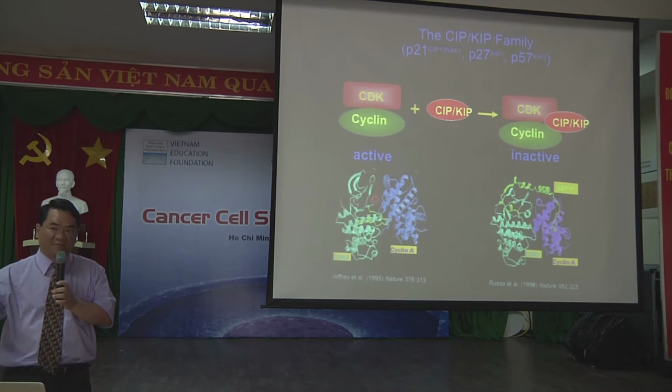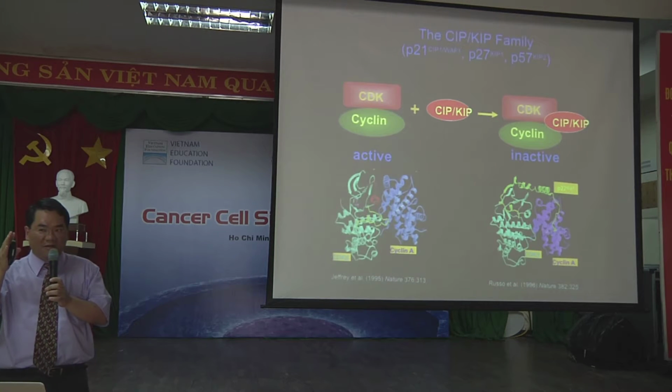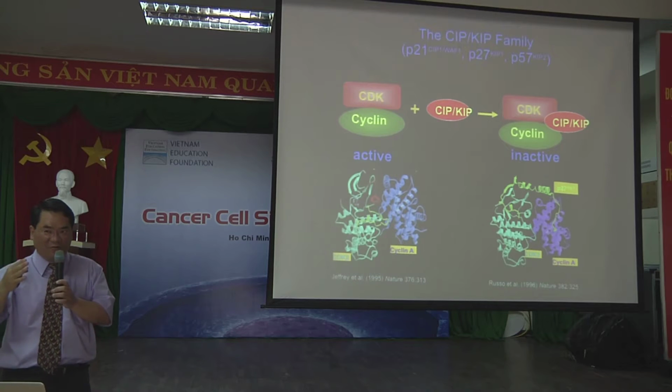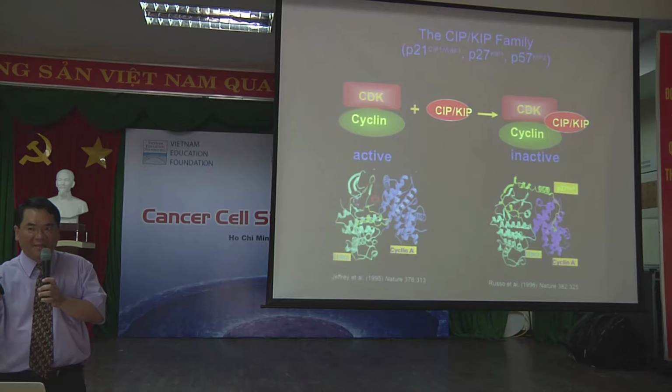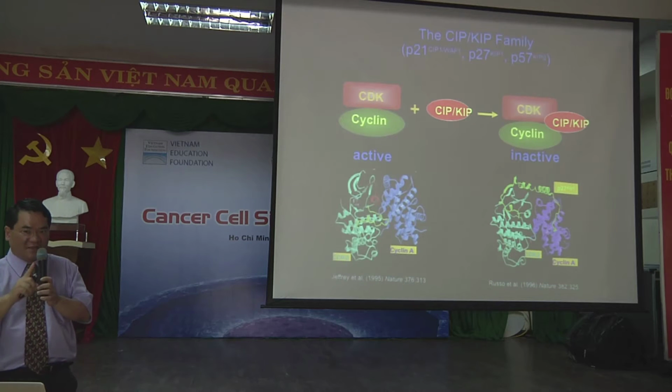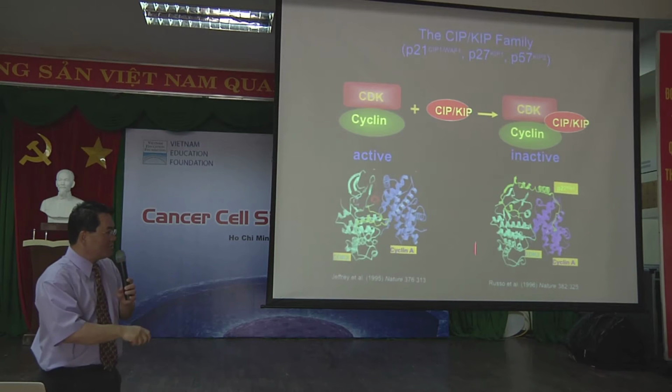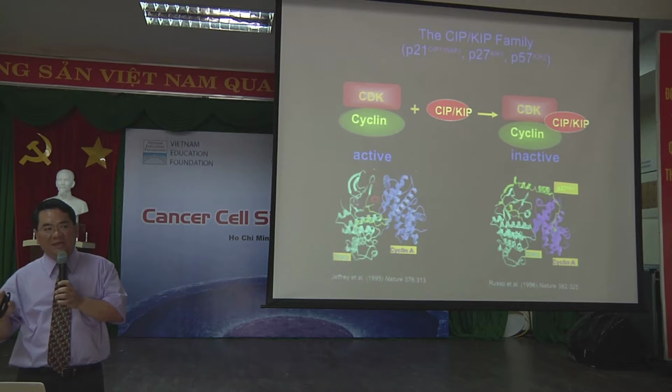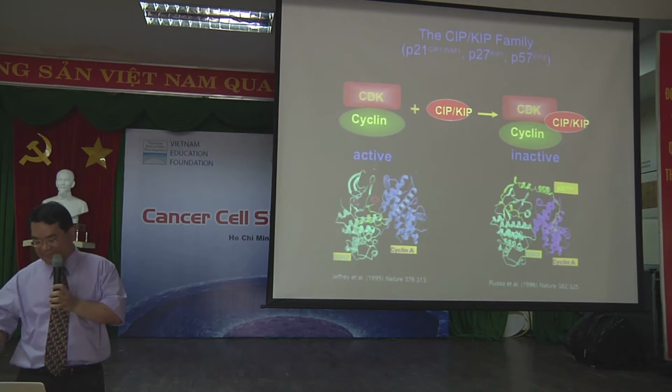Remember, this is different from the INK4 mechanism, because INK4 was doing competition. Here it is not competition. P27 does so by blocking the substrate entry site. It's different from the INK4 family, and this is all based on the important study of structural biologists.